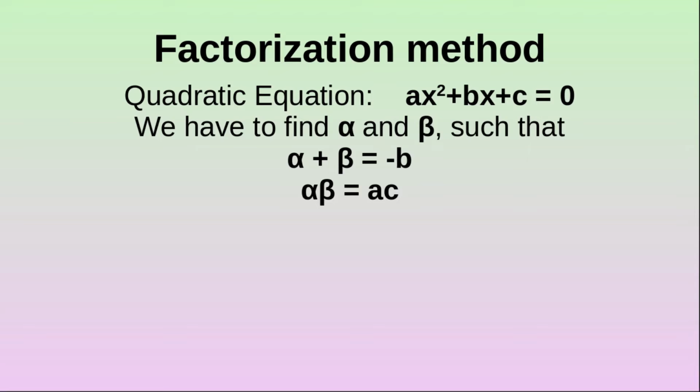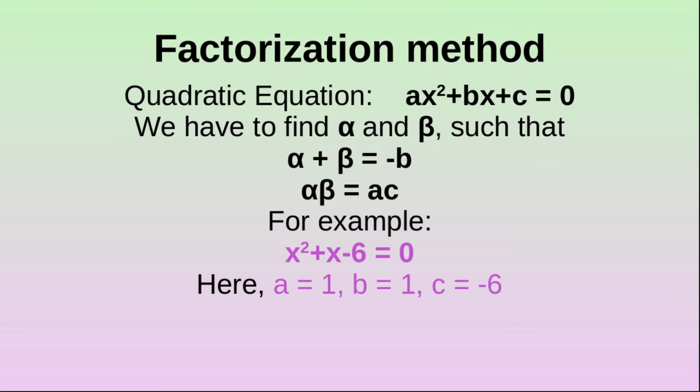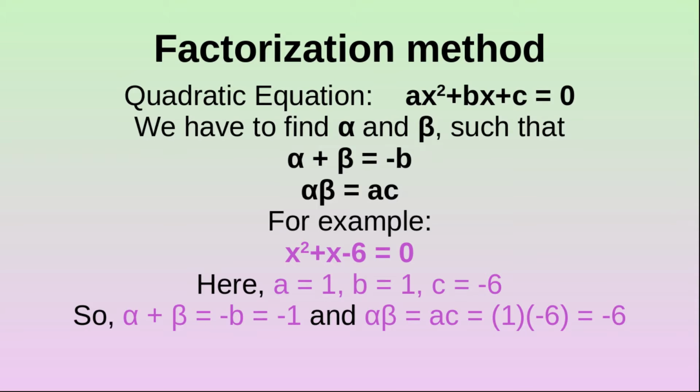Now let's try to understand this. For example, suppose we have a quadratic equation something like this: x squared plus x minus 6 is equal to 0. So here a is equal to 1, b is equal to 1 and c is equal to minus 6. So according to the factorization method, we should have alpha plus beta is equal to minus b, that is equal to minus 1.